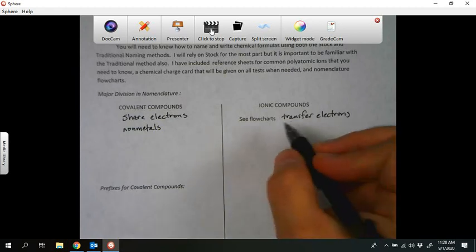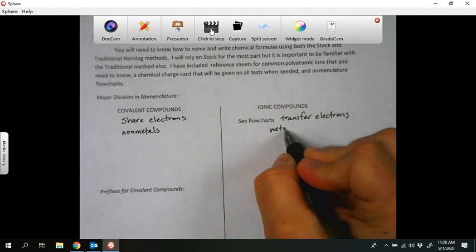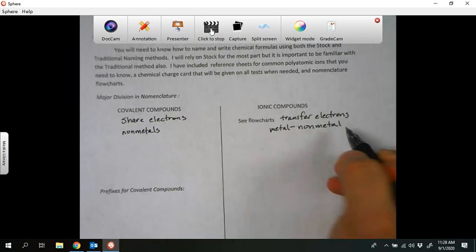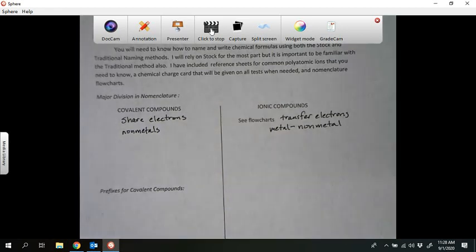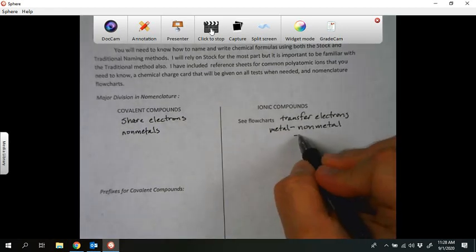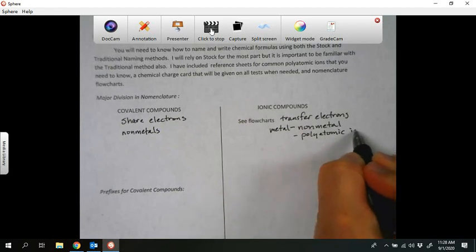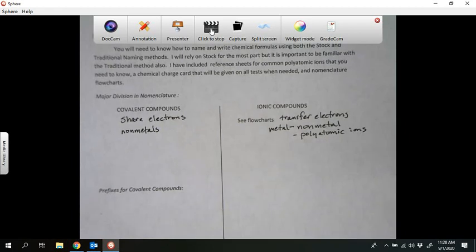Ionic compounds are usually metal to nonmetal or metalloid. We also have polyatomic ions in there, so we can have polyatomics. You have a list of polyatomic ions in your salmon color packet from your classroom packet that I gave you.